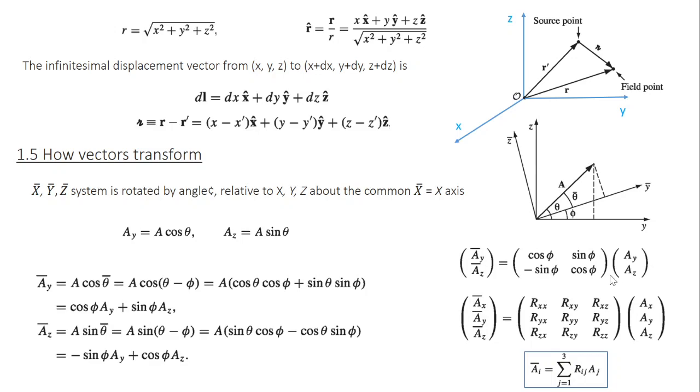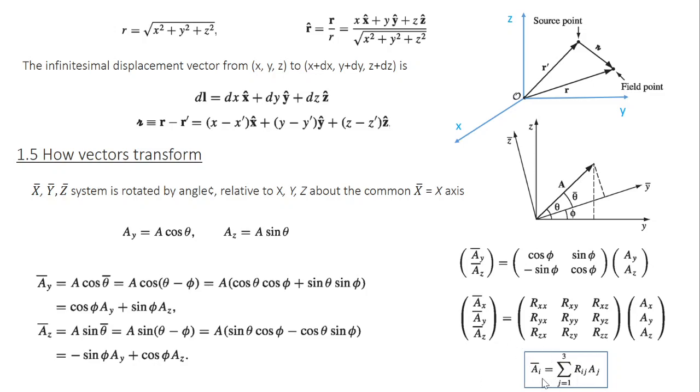So in general, the new component matrix Ax bar, Ay bar, Az bar can be written as an R matrix multiplied by the old component matrix Ax, Ay, Az. You can write this in a more compact form. So Ai bar equal to sum over j from 1 to 3 Rij Aj. So 1 represents the x component, 2 y component and 3 the z component.